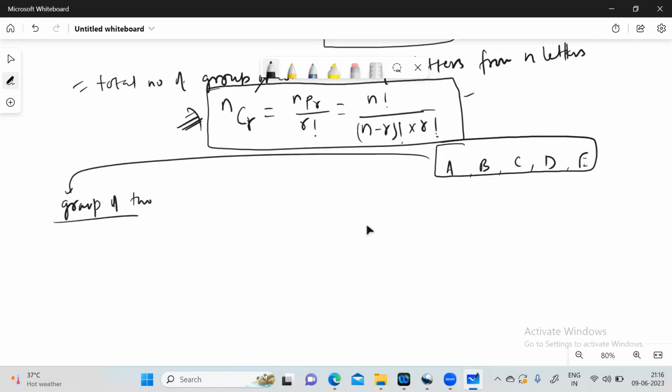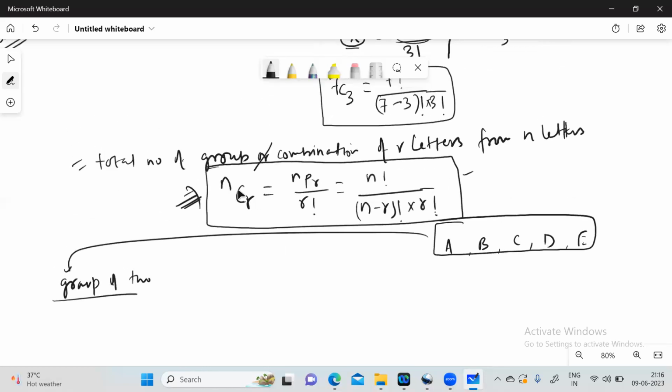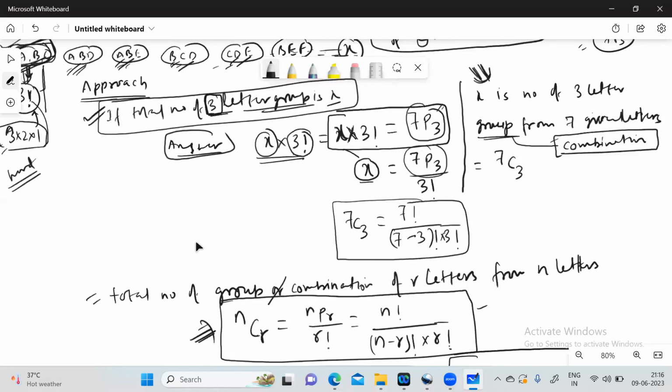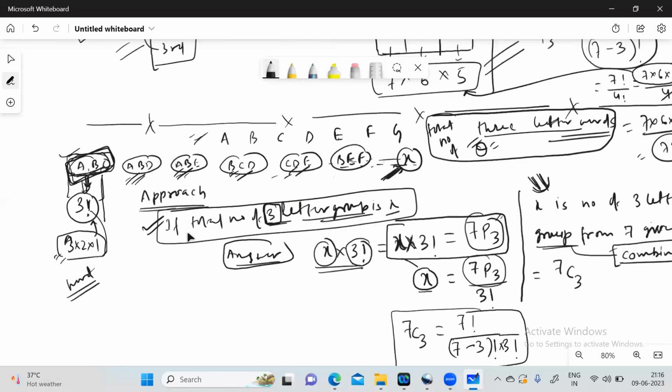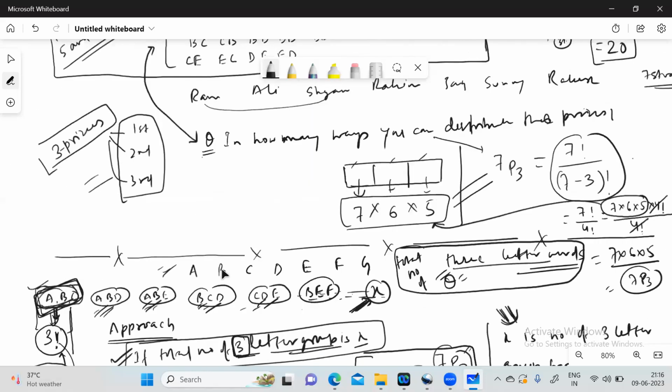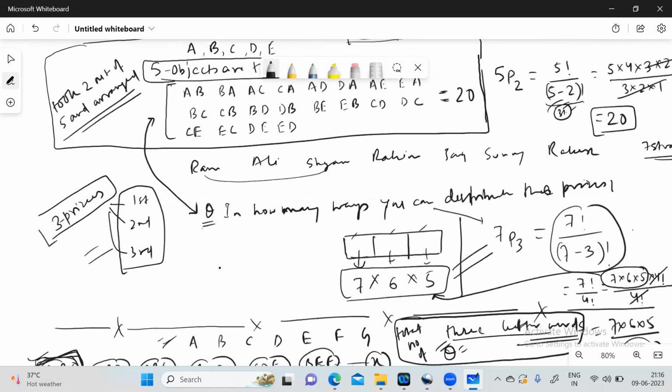I already did it with arrangement. You must remember, if you look above you will find it. I did this for arrangement.